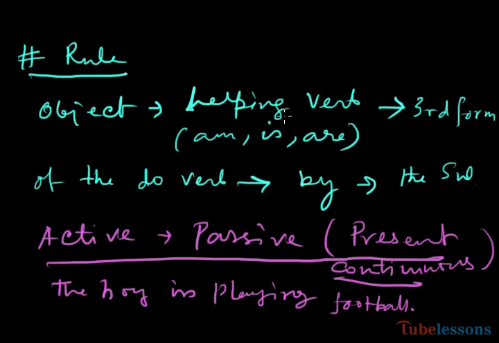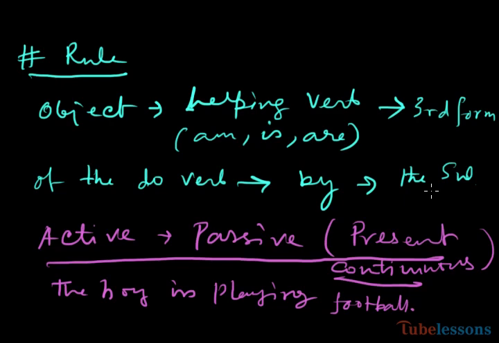We'll take the help of be verbs only. In this case, we used is because football is singular. So am, is, are. Then the third form of the do verb: play, played, played. Then by and then the subject. Football is played by the boy.